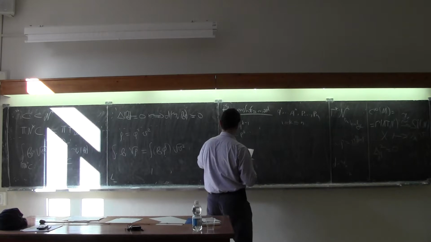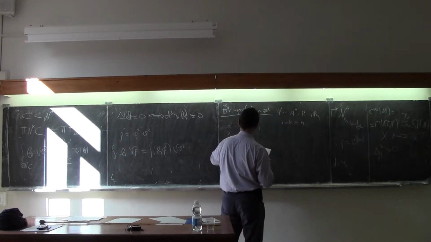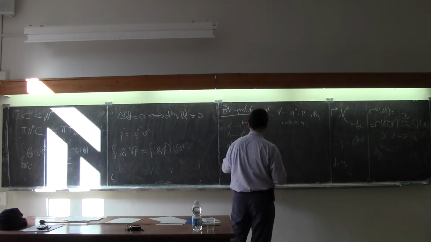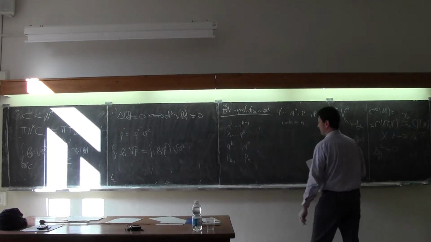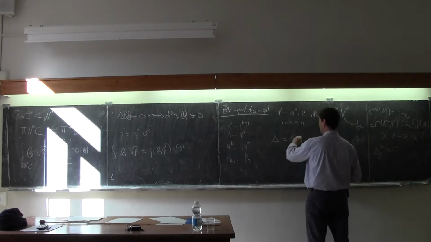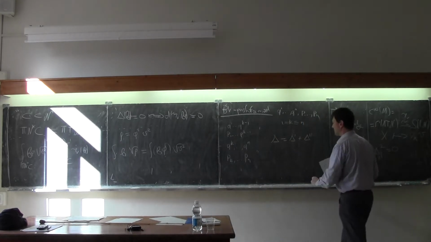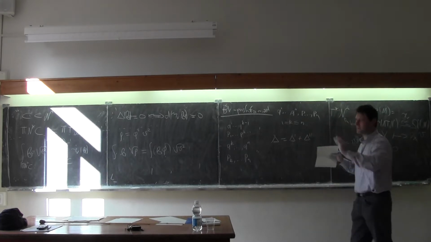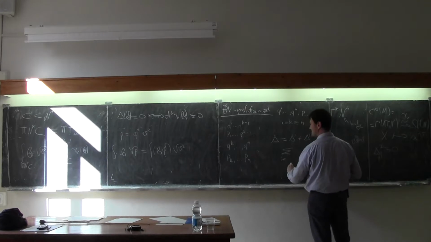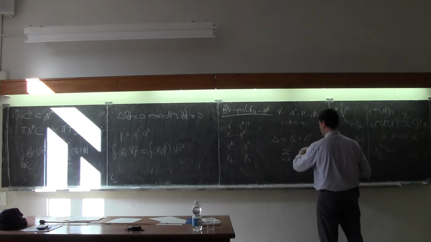And then you have the other coordinates, Qk up to Qn, Pk up to Pn, and we use the notation with a double prime. So in particular, you can write delta as a sum delta prime plus delta double prime, which means you take the same formula as before, but here in the sum i is less than k, whereas here i is greater than or equal to k.